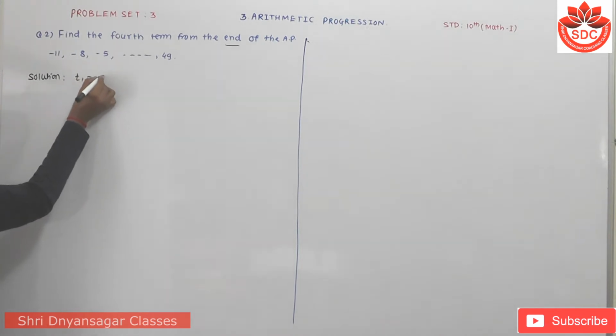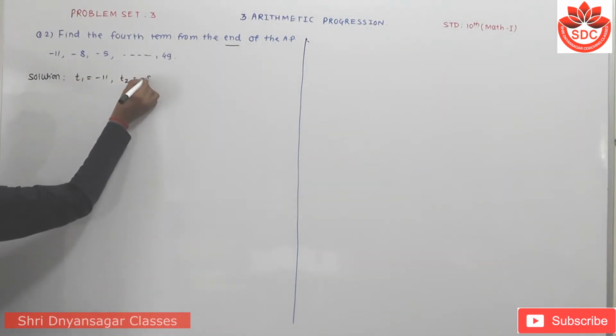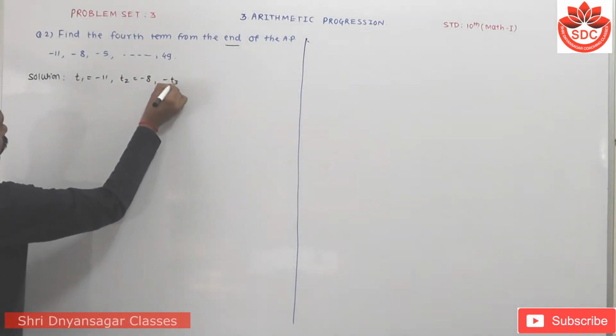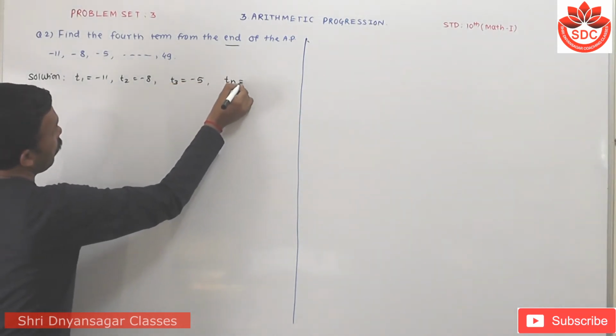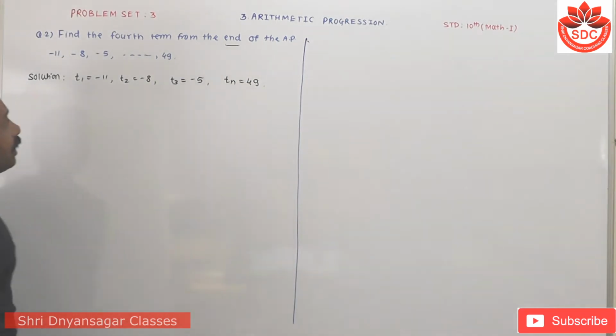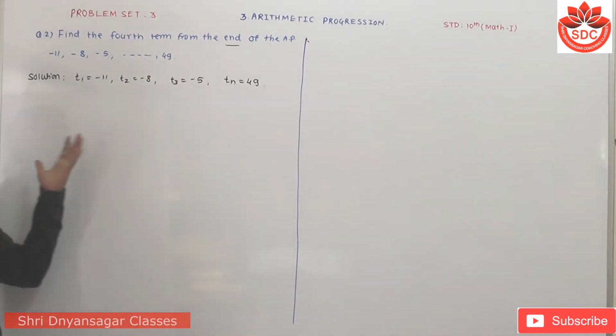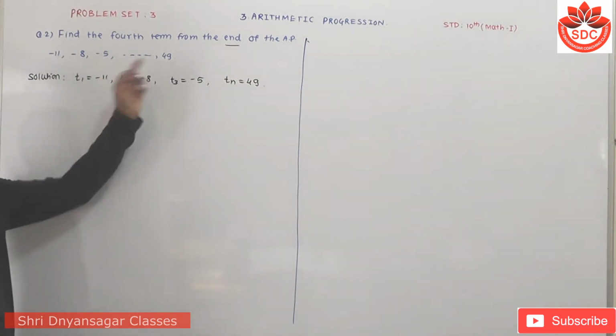T1 is minus 11, T2 is minus 8, T3 is minus 5, and Tn is equal to how much? 49. First we have to find out the total terms. How many total terms are there?